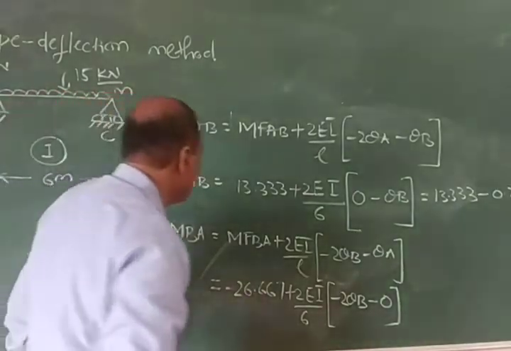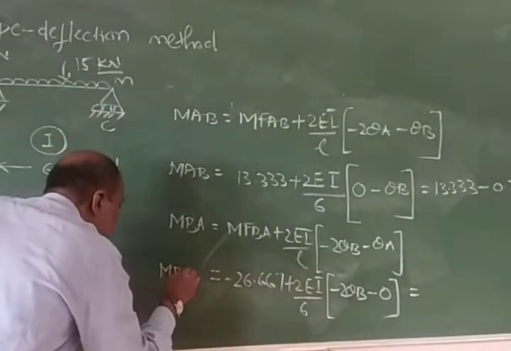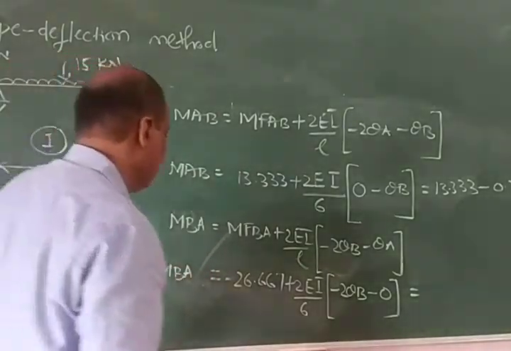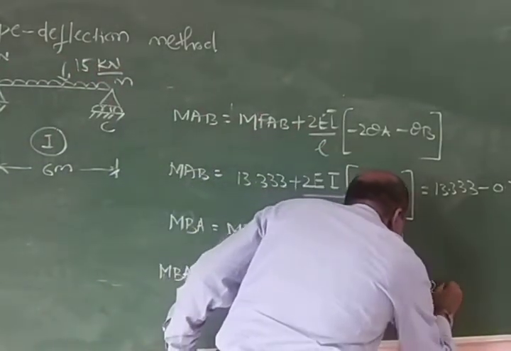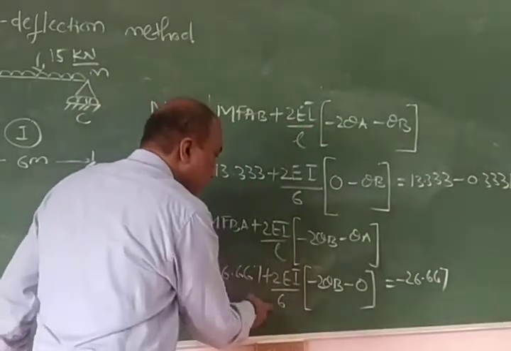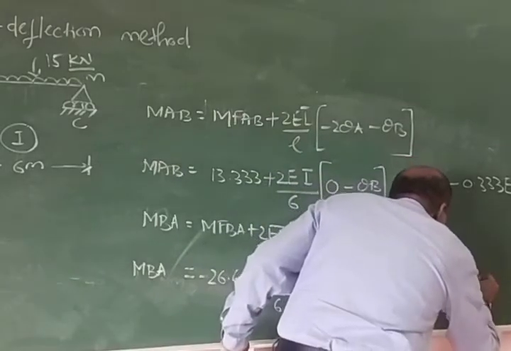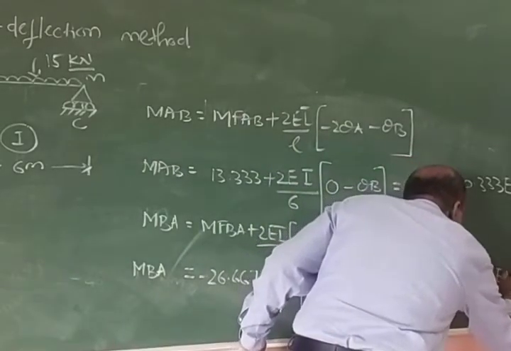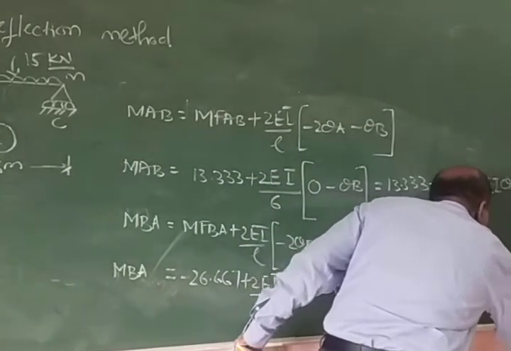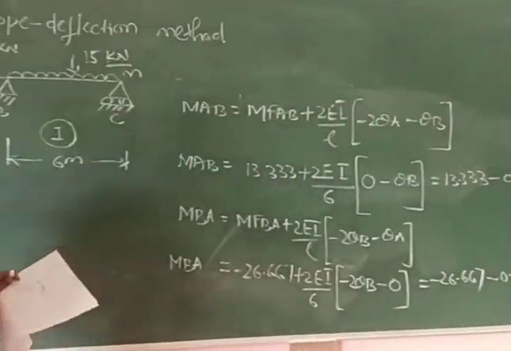When you simplify this, MBA will be equal to minus 26.667, 2 by 6 is 1 by 3, into 2 is 0.667 EI theta B. So this is my second equation. So I have written two equations for member AB.